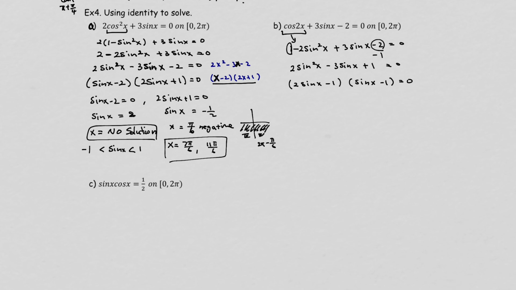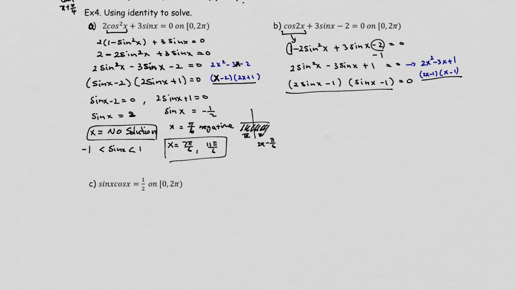Again, if you don't see how I got that, try to use the substitution method. This is going to be an identical form of 2x squared minus 3x plus 1 in quadratic form. So when you factor this, you get 2x minus 1 and x minus 1. So use that to get this factor.